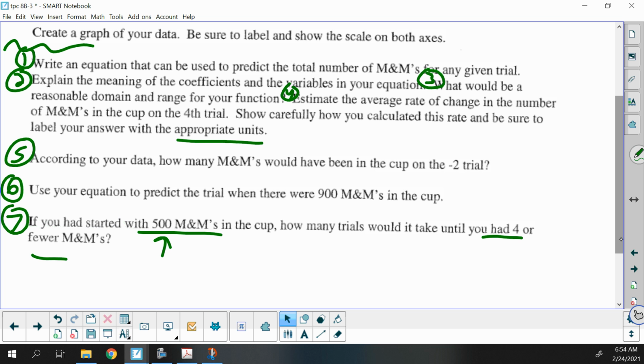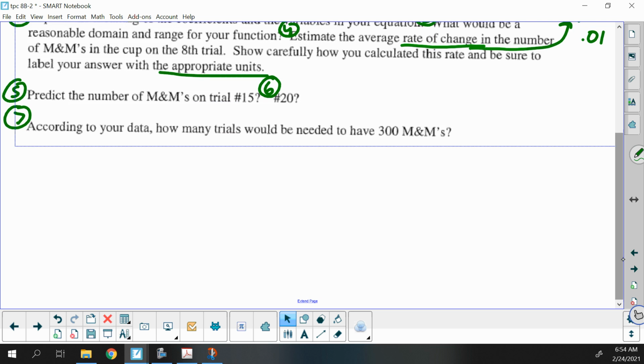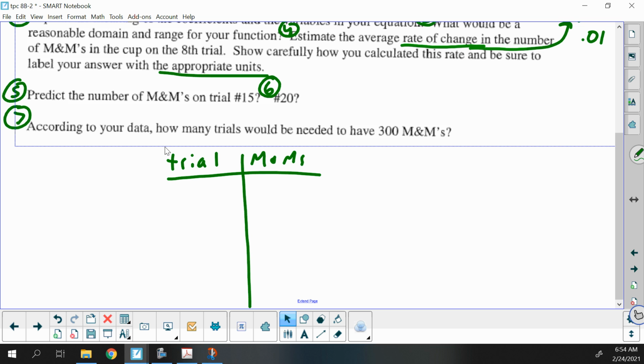Now, I want to go back to experiment 1 for a second, and let's just talk about how to find our equation. So I'm going to come up with a hypothetical data table that you had. This won't match yours exactly, but we had trials and we had M&Ms. On trial 0, everyone had 3 M&Ms.